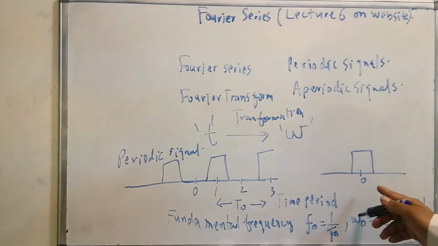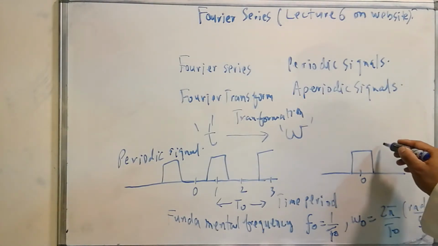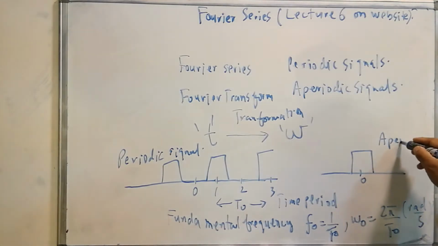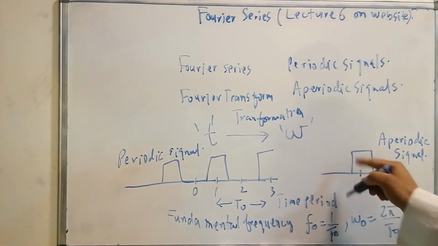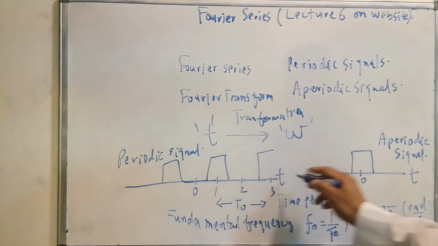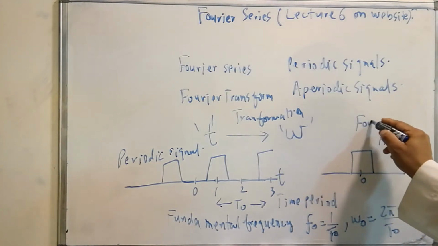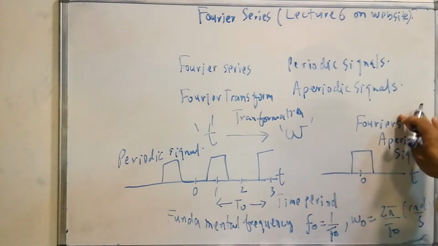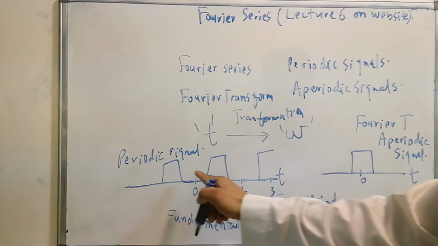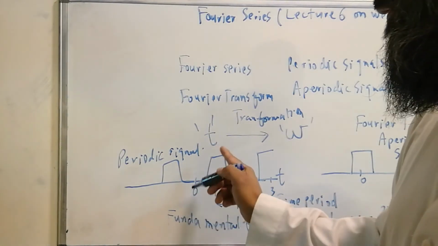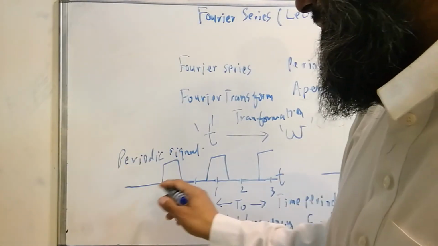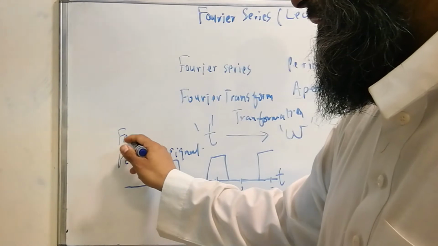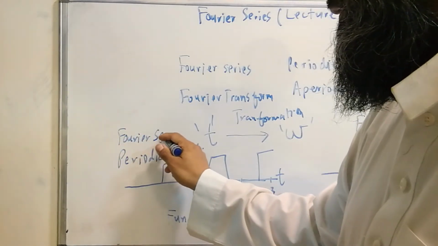So for the transformation of this signal from time to frequency, we need the Fourier transform. And to find the spectral components of a periodic signal, we use the Fourier series.